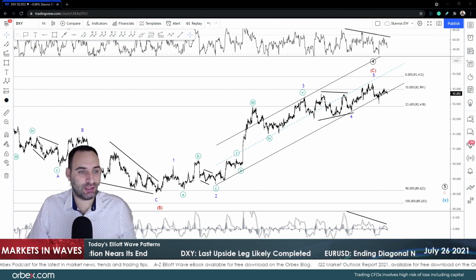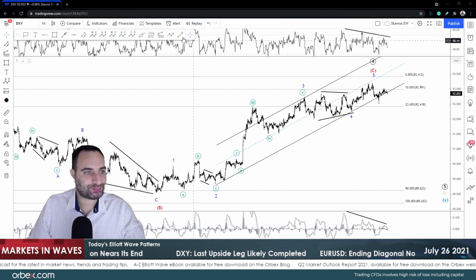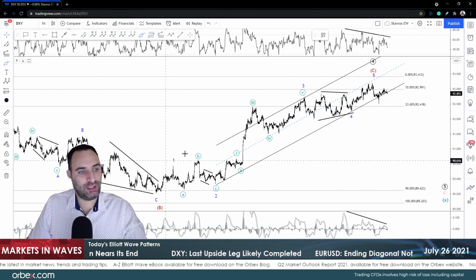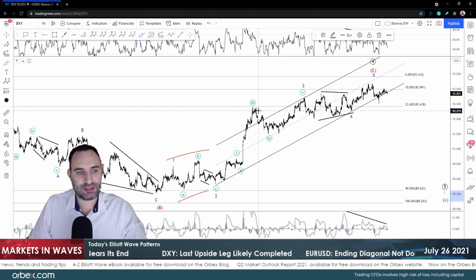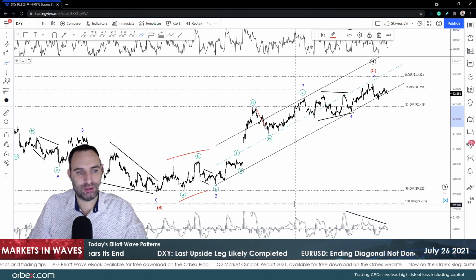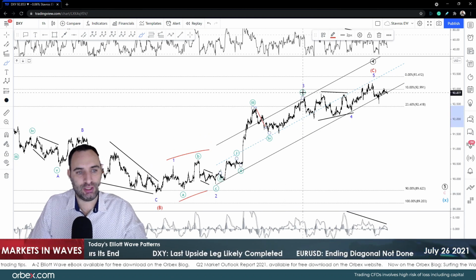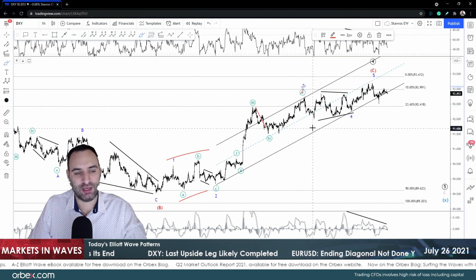Starting with the DXY, guys. Initially, I had this as a leading diagonal, and I had this as the correction down in wave 4, and that was the end for wave 5.